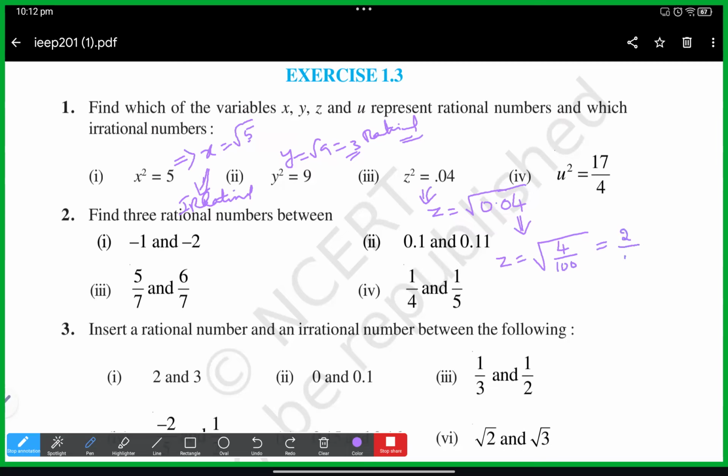So the square root of 4 is 2 and the square root of 100 is 10, then it's 1 by 5, which is a rational number, p by q. Yes, sir.